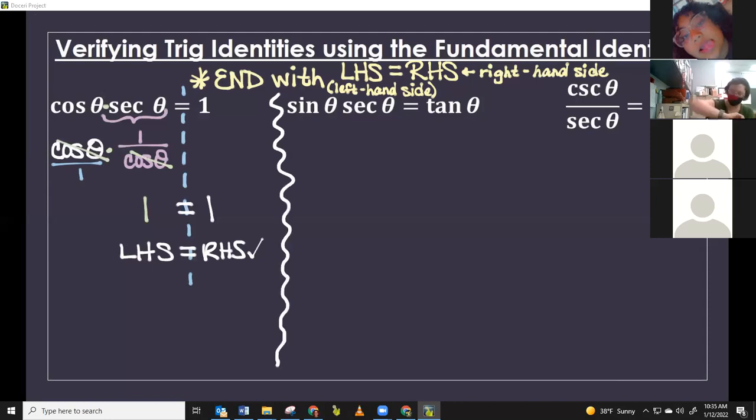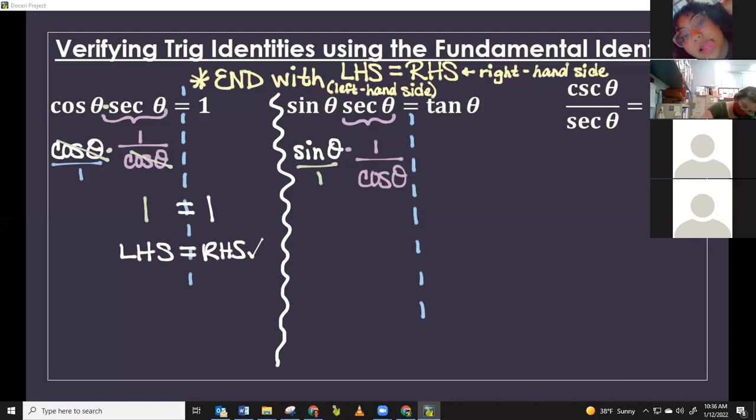Let's see if we can get through one more before the bell. We are not going to touch the right-hand side at all. How can I rewrite secant theta? One over cosine. Hang with me for just a second.